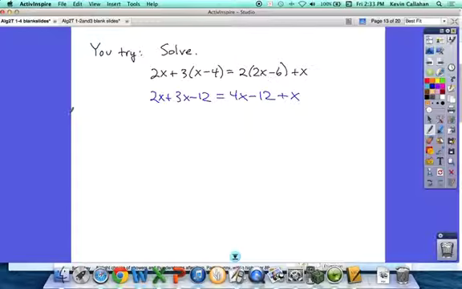So this 2x plus 3x, 4x plus x. Now, at any point now, you could pretty much see what's going to happen. If you want to take that next step of subtracting the variable terms, what's going to happen?